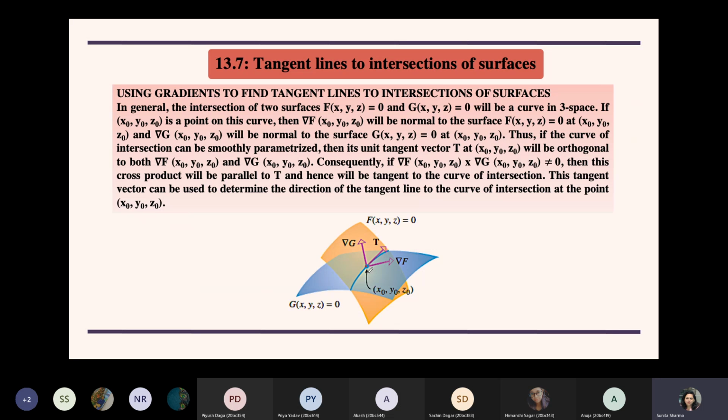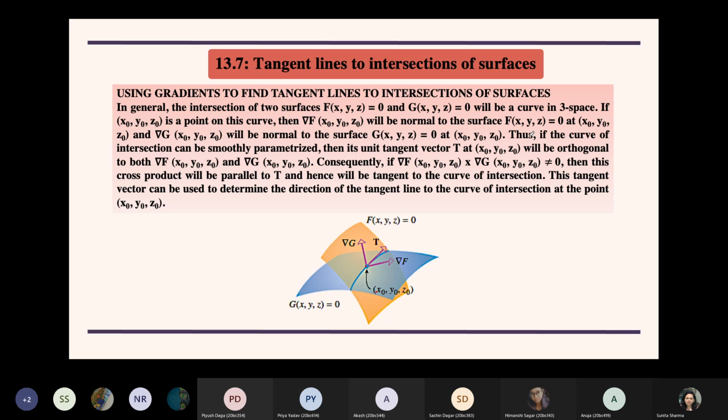So we have these two surfaces with us, f(x,y,z) equals 0 and g(x,y,z) equals 0. These are two surfaces and their intersection will be a curve in 3 dimensions. If x naught, y naught, z naught is a point on this curve, then the gradient will give us the normal, which we have already seen. So gradient of f will be normal to the surface f at this point, and gradient of g will be normal to the surface g at this point.